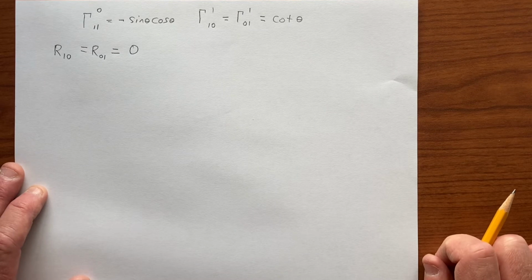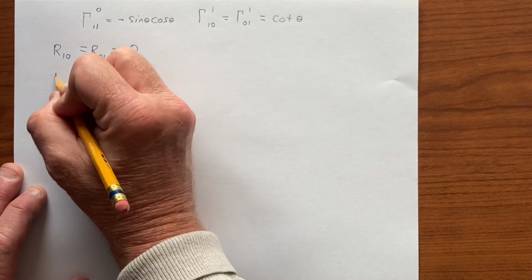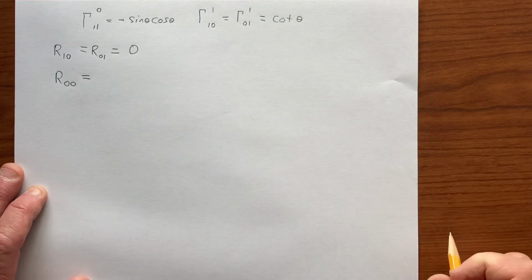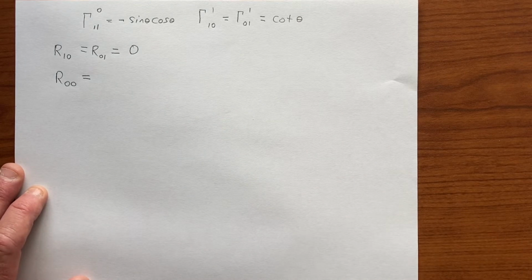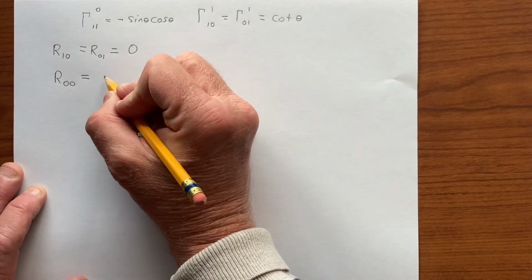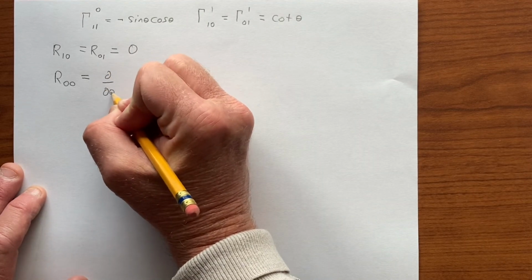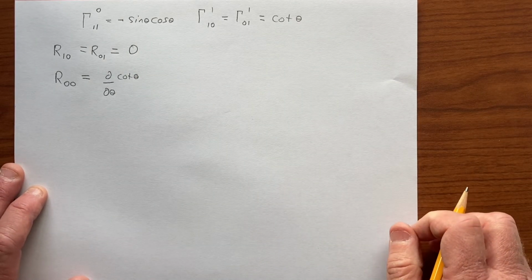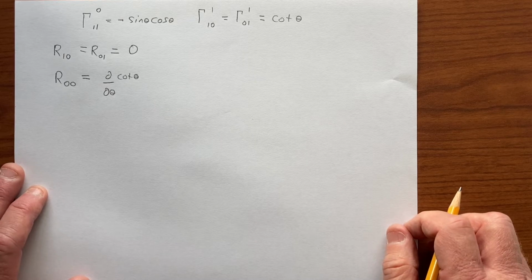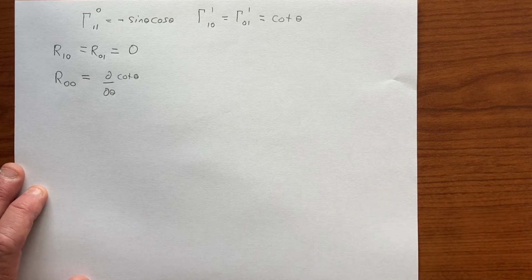And let's do R00. R00, if you look at the derivative, we have Γ^1_01 derivative with respect to theta, so R00 has a d/dθ of the cotangent of theta. Then we have Γ^1_01 squared, right?